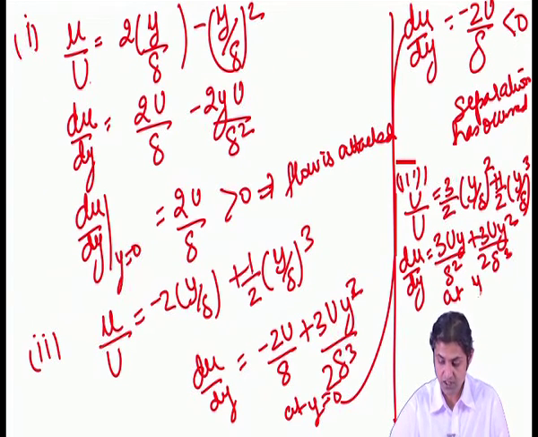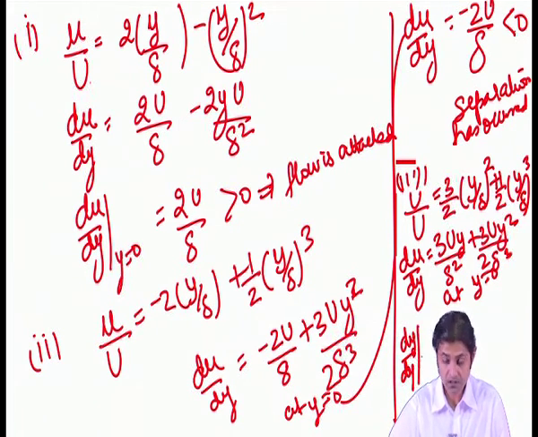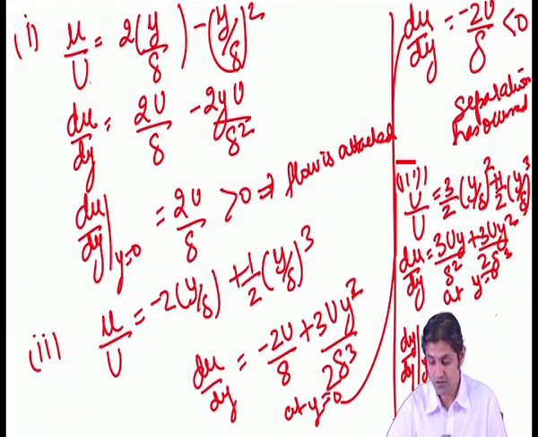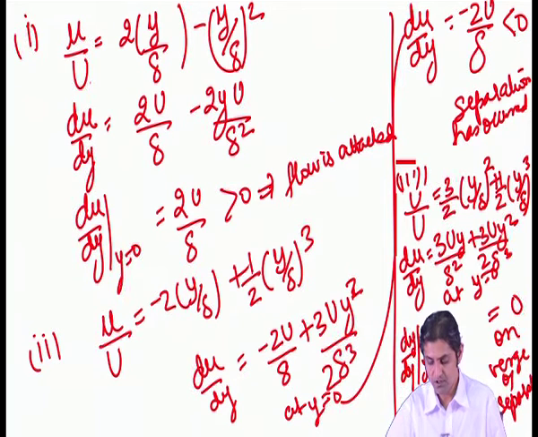That means at y equal to 0, du/dy is 0, all right. So this is equal to 0, means on the verge of separation.